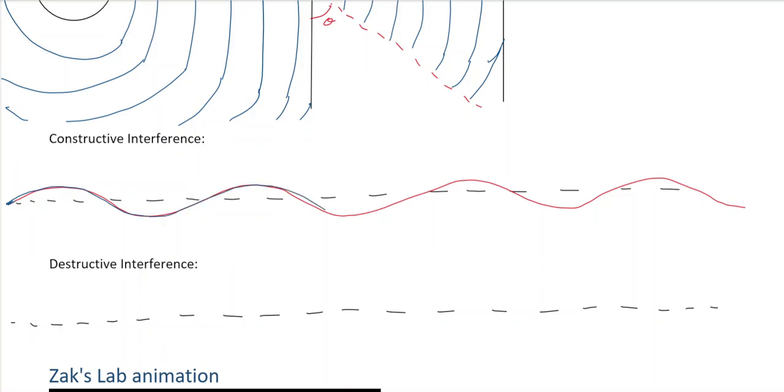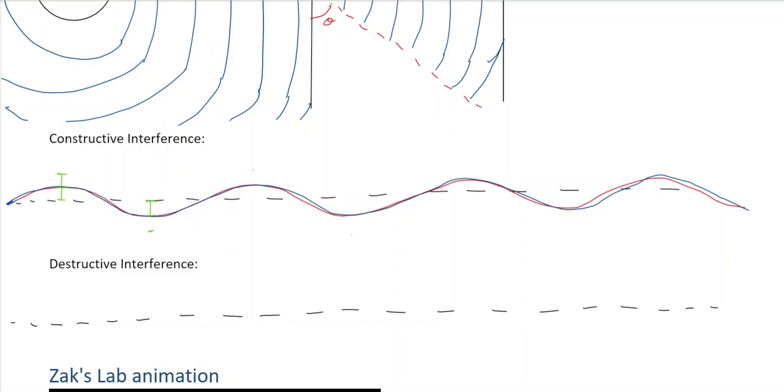And when those waves are on top of each other, they're constructively interfering. So wherever there's a maximum like this point, that maximum gets doubled because there's both a blue and a red value. So again, maximum and minimum get doubled.